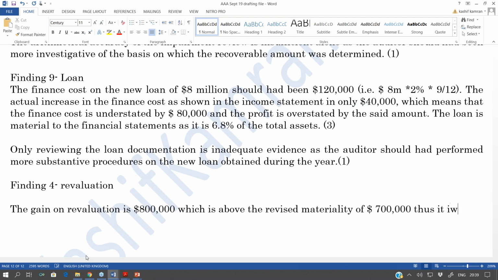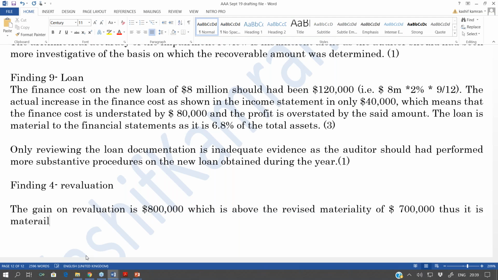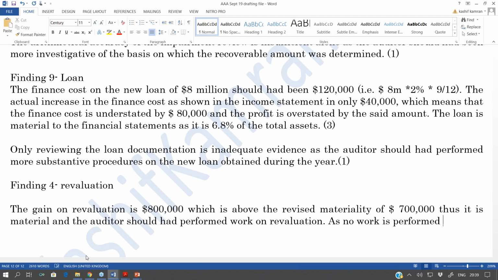Thus it is material and the auditor should have performed work on revaluation. As no work is performed, is the evidence inadequate or is there no evidence?